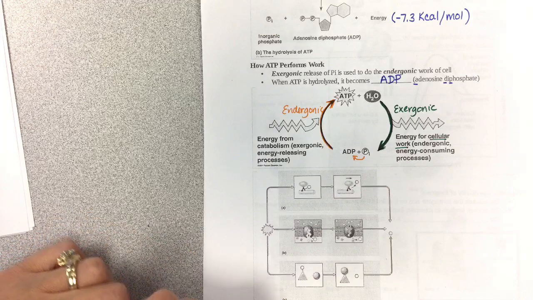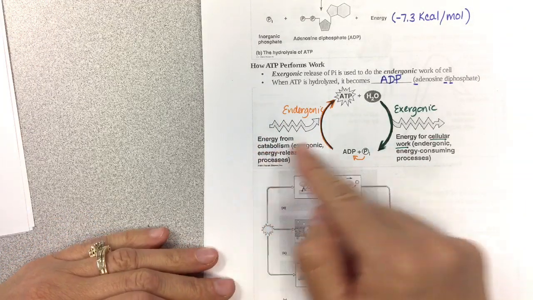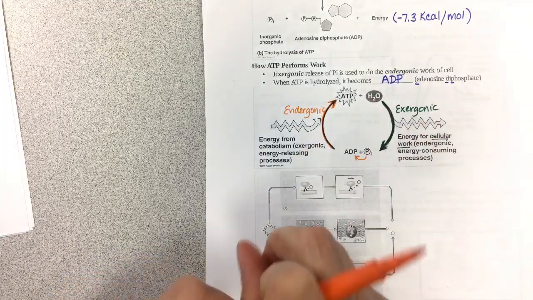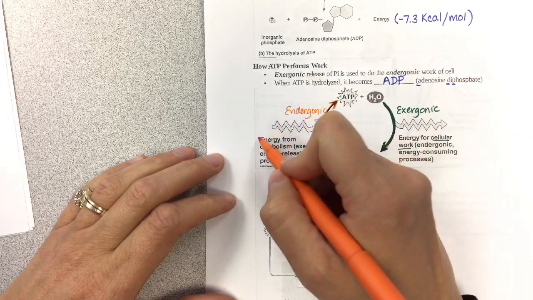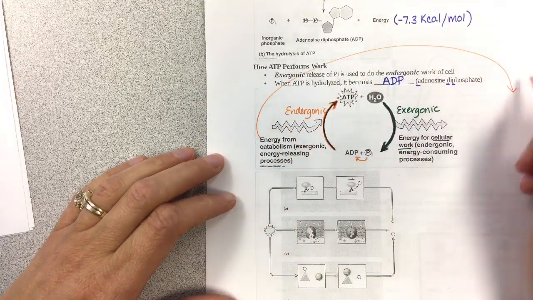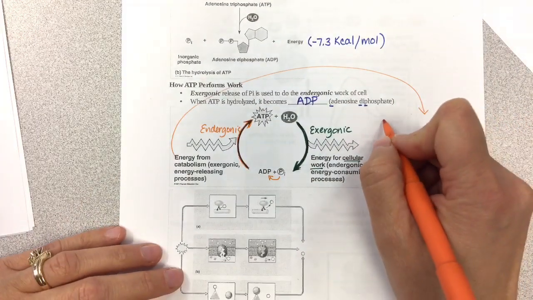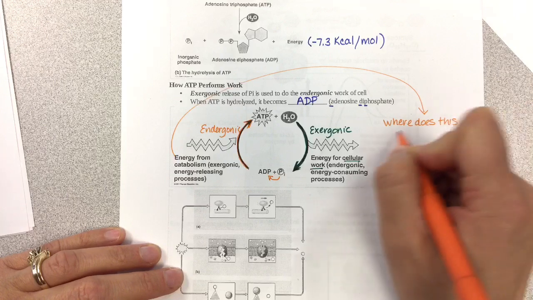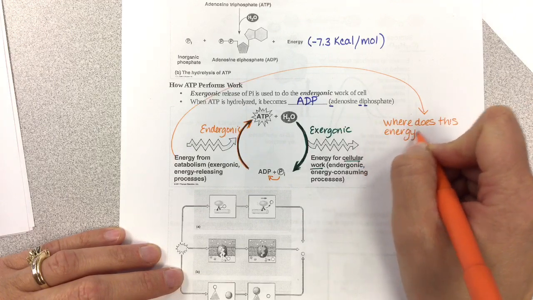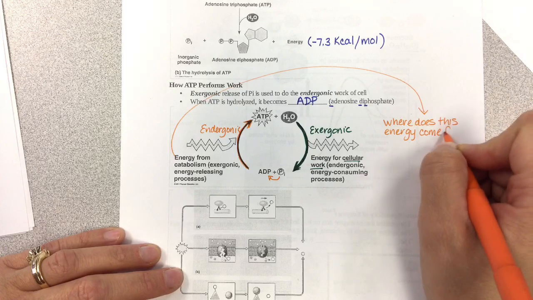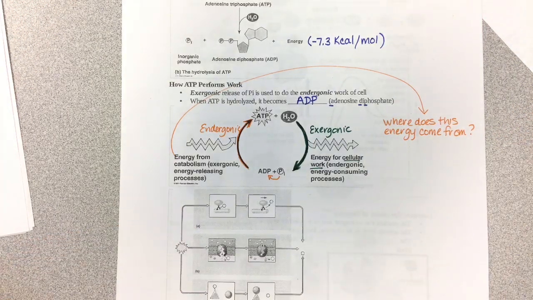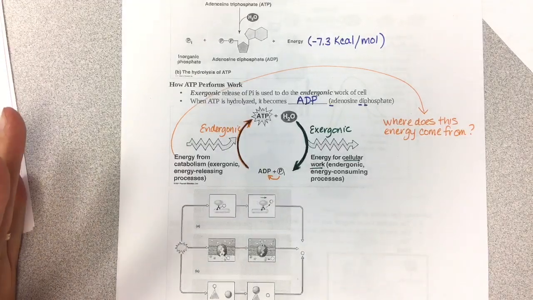And so I want to talk a little bit about where that energy comes from to make ATP. So I'm going to write over here. I have more room on this side, but I'm going to keep the same color here. So let's write, where does this energy come from? And this comes from a process called cellular respiration, which actually is going to be our next chapter.